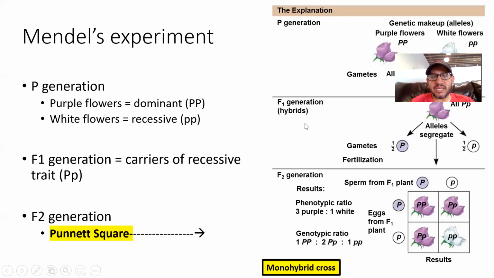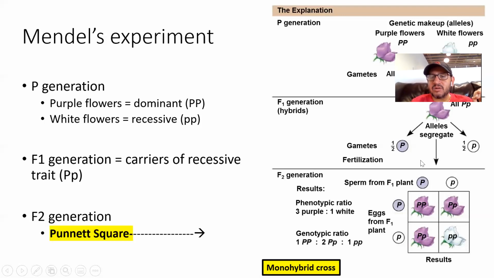So let's look at what we're seeing here. Using the Punnett square, I know some of you are going to be familiar with the Punnett square from way back in high school. You have homozygous dominant, which is capital P, capital P, and homozygous recessive, which is lowercase p, lowercase p. You cross those, and from his determination here, he was able to see that they were all heterozygous.